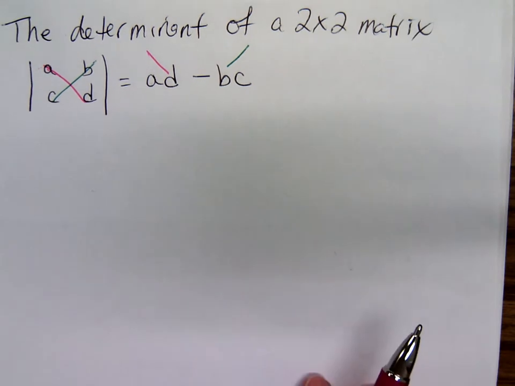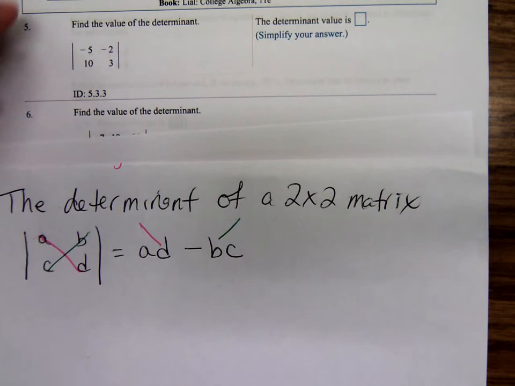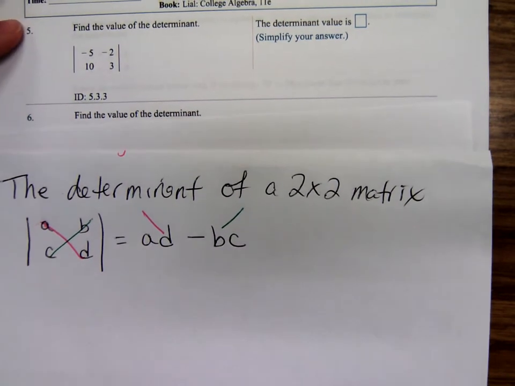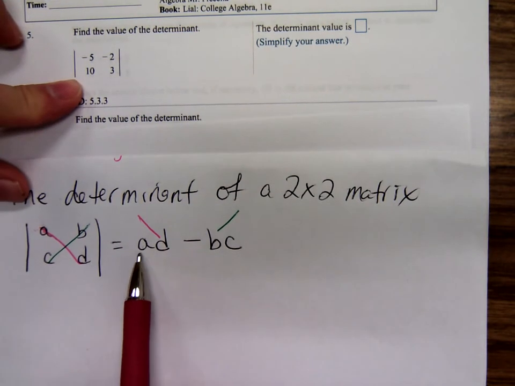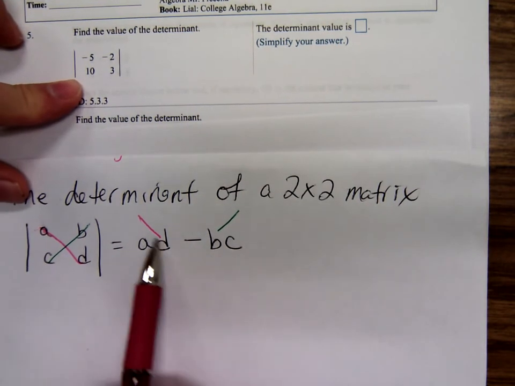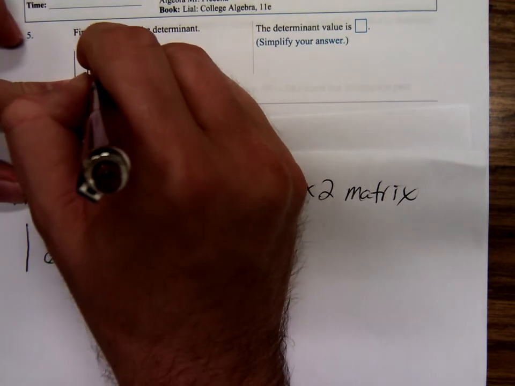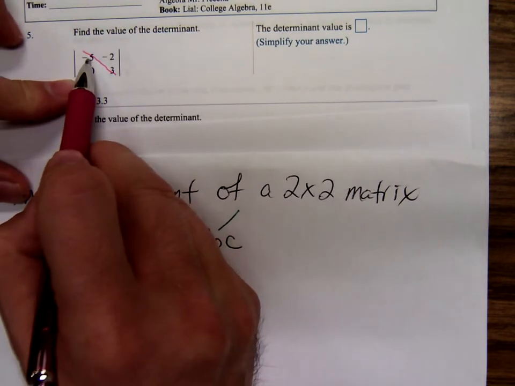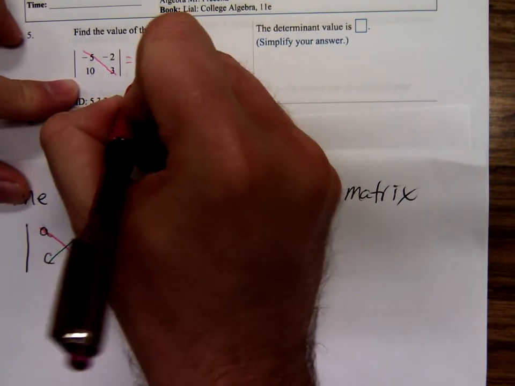Like on problem number 5. Find this determinant. I don't really intend for you to memorize AD minus BC. It's the operation that's important. You multiply this diagonal. Don't forget, you've got to start with the first number. So negative 15, that's negative 5 times 3.